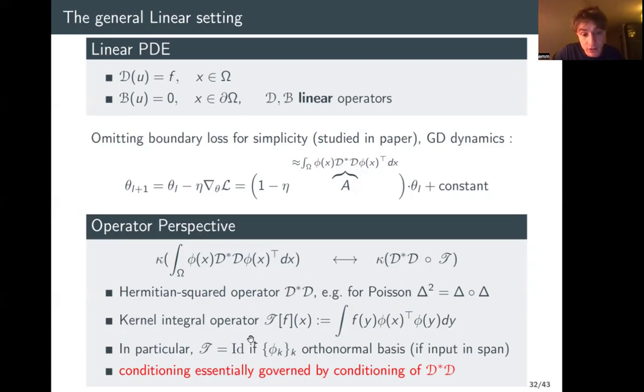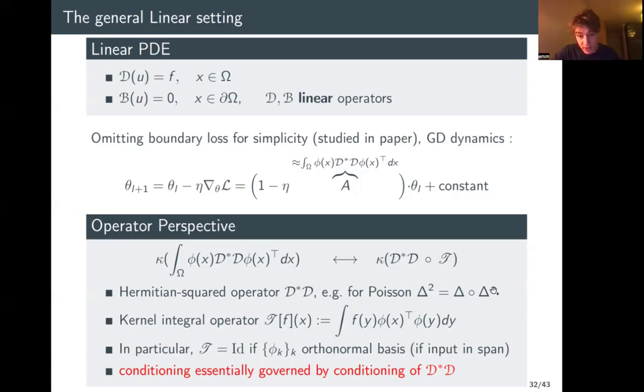And in particular, in our case, if our basis is orthonormal, it doesn't even have to be a basis, assuming that the input is in the span, then this kernel integral operator actually just corresponds to the identity.